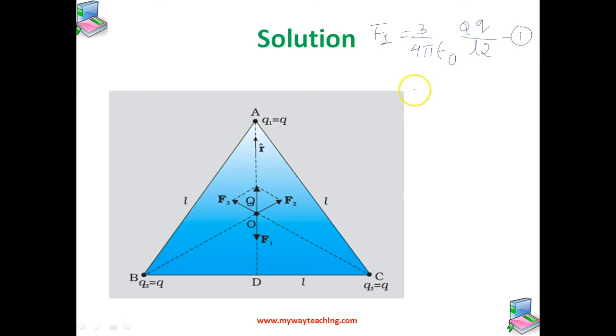And this is along AO. And the force F2 on charge Q due to charge Q at point B is also given by 3 by 4 pi epsilon naught Q square by L square. This is along BO.